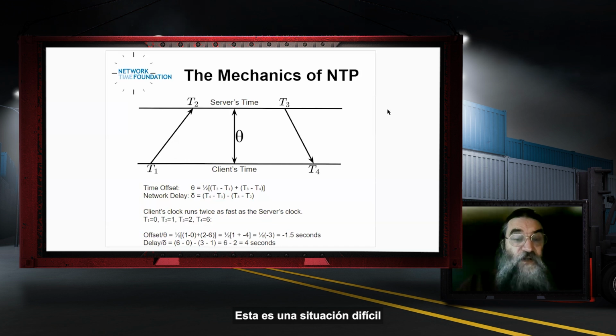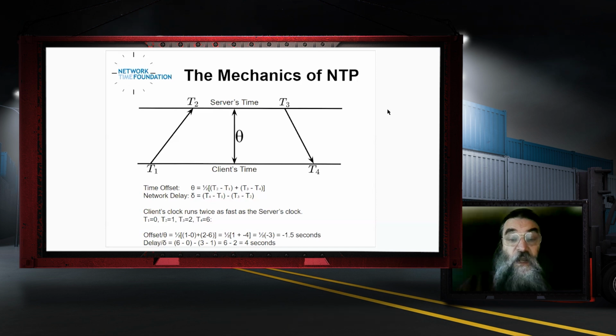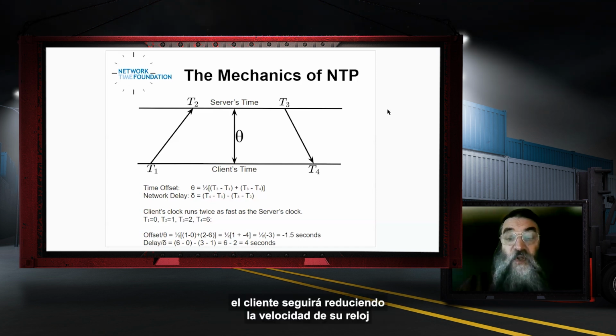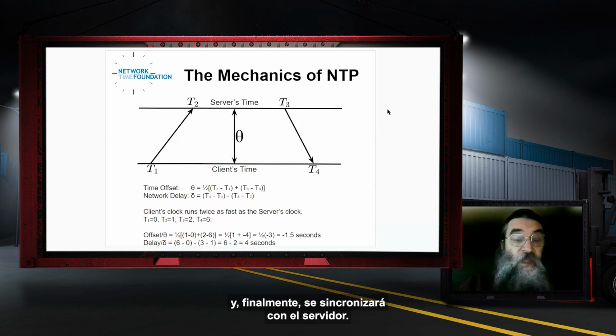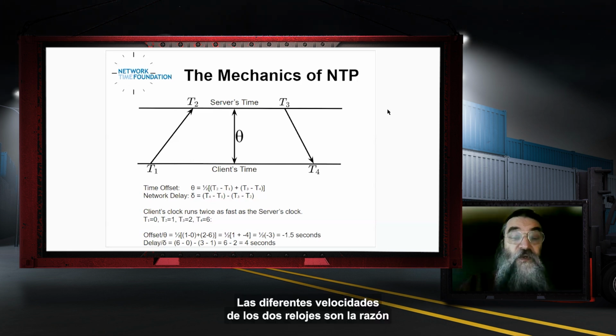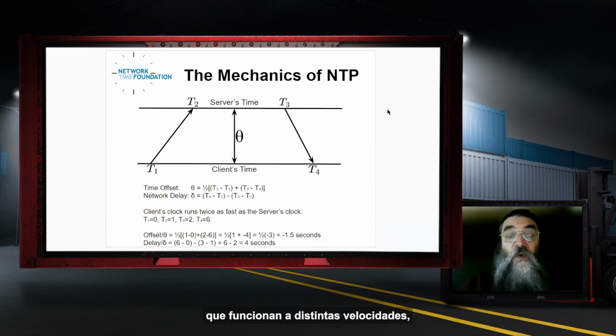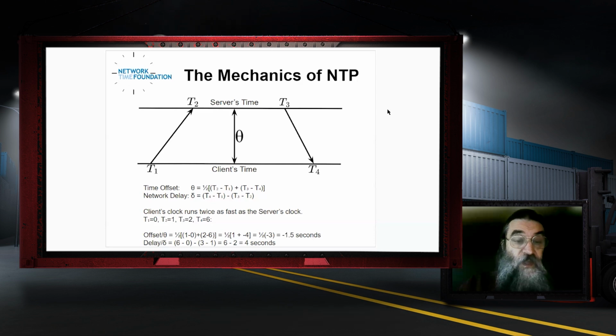This is a difficult situation because the client's clock and the server's clock are running at different rates. The good news is that over time, the client will keep slowing its clock rate down and will eventually synchronize with the server. The different rates of the two clocks are why the calculations look a little funny, because they're based on time data from clocks that are running at different speeds.